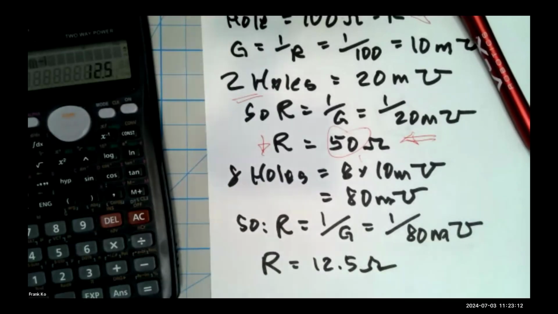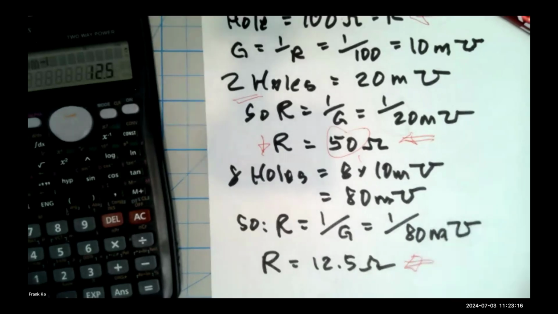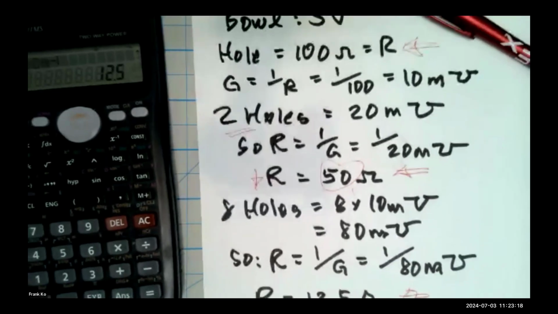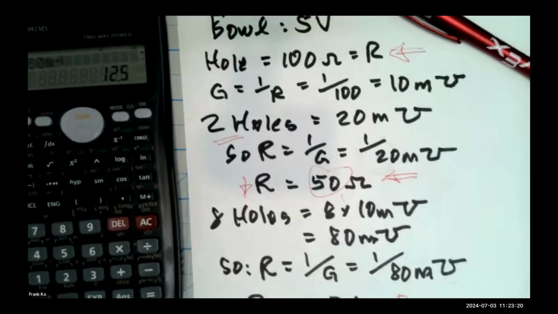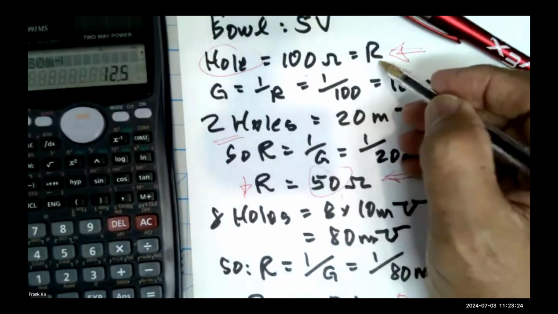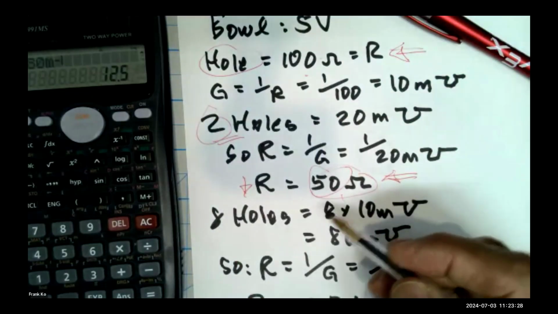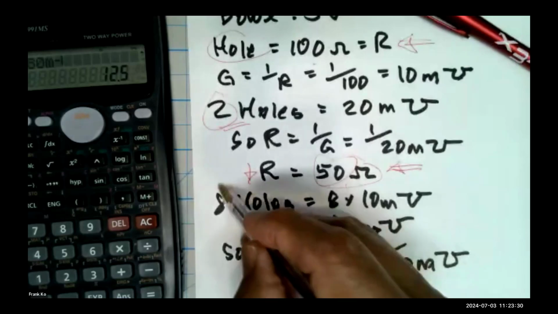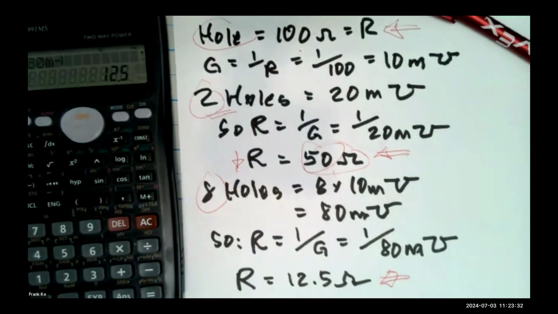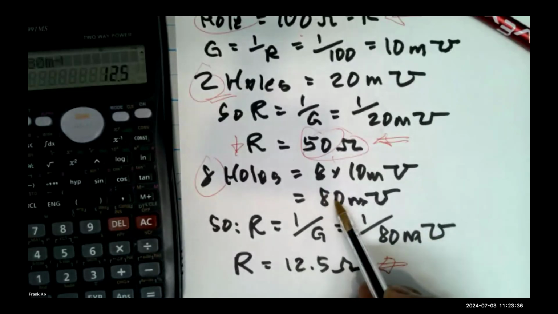As you can see, mathematically, with one hole the total resistance was 100 ohms, then we went to 2 holes. My resistance came down to 50 ohms, by half. When we went to 3 holes, 3 pathways, 3 branches for current to flow, my conductance increased.